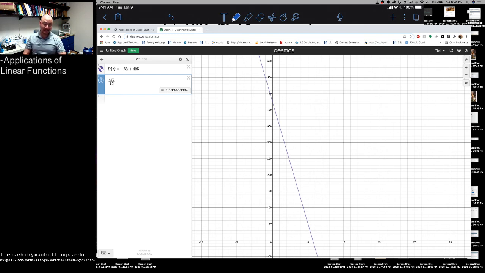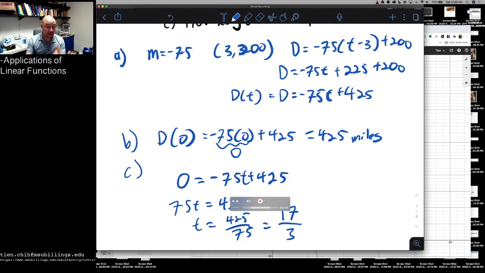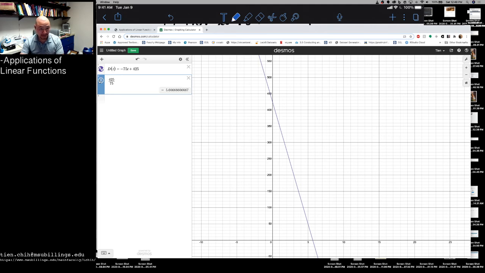And we can think of it as 5.6 repeating, or 17 thirds, which is what we just confirmed here, right? So in about 5 2/3 hours, just under 6 hours, 5 hours and 40 minutes, in fact, is exactly the amount of time it would have taken to make this trip.